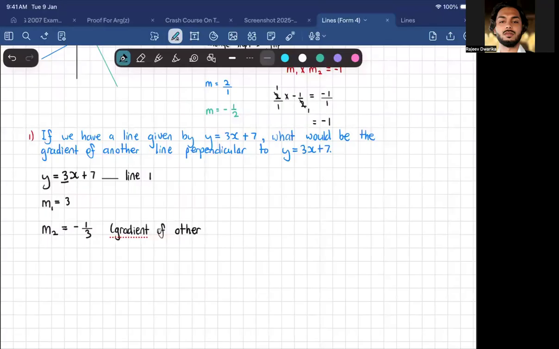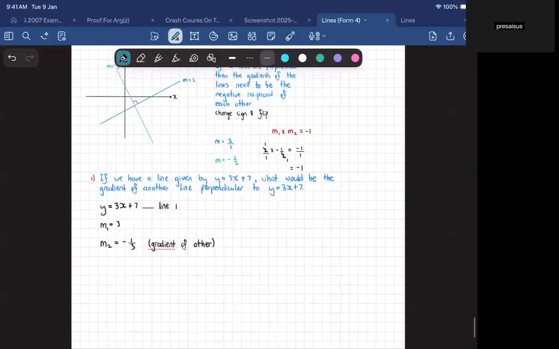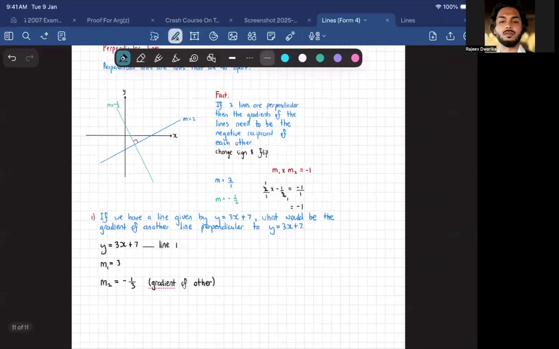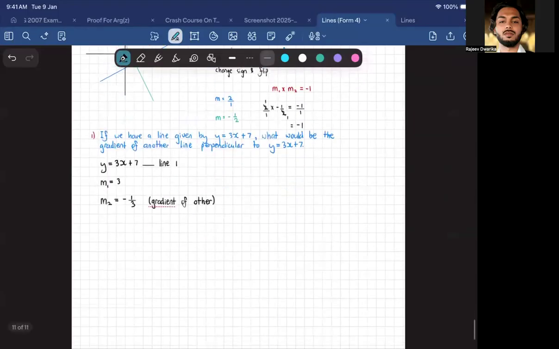So in this case, 3 is in front of x, so m is equal to 3. And from there, you just flip this and you change the sign. That's it. Well, at least this question is not hard. We'll do some harder examples just now.